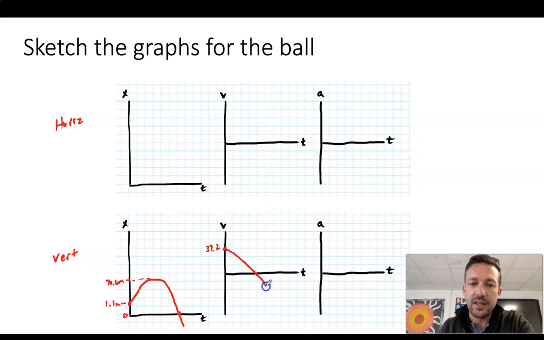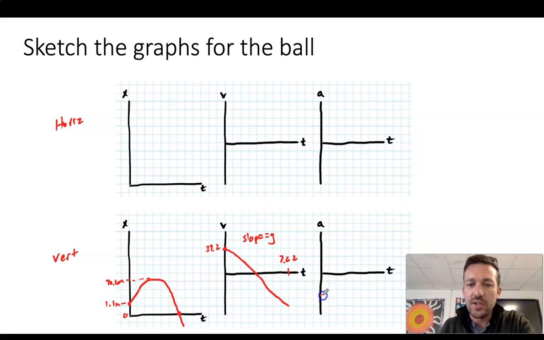And then it's going to keep decreasing, right? And this line should be straight. I'm trying my best. You could put how much time it was in the air for right here. It was 7.62. I know it stops right there because that's when it hits the ground. And remember, always take note, the slope is equal to gravity.